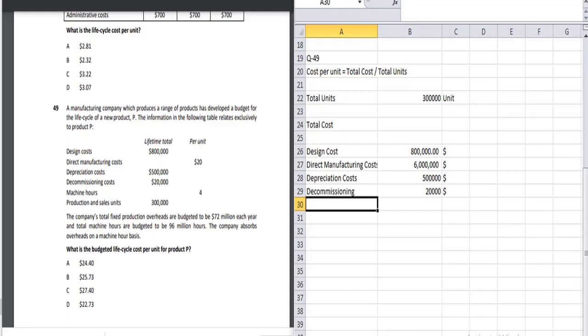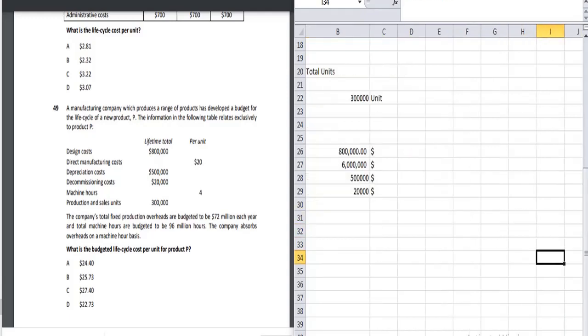So now, and the fixed production overhead, we do have given total budgeted one. Okay, so in order to get the fixed production overhead, we have to calculate OAR. So now budgeted overhead equal to 72 million, right?